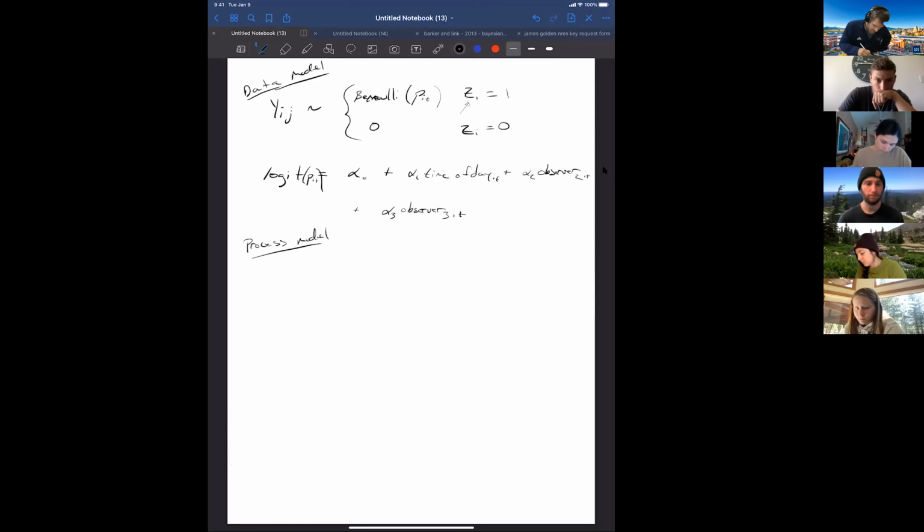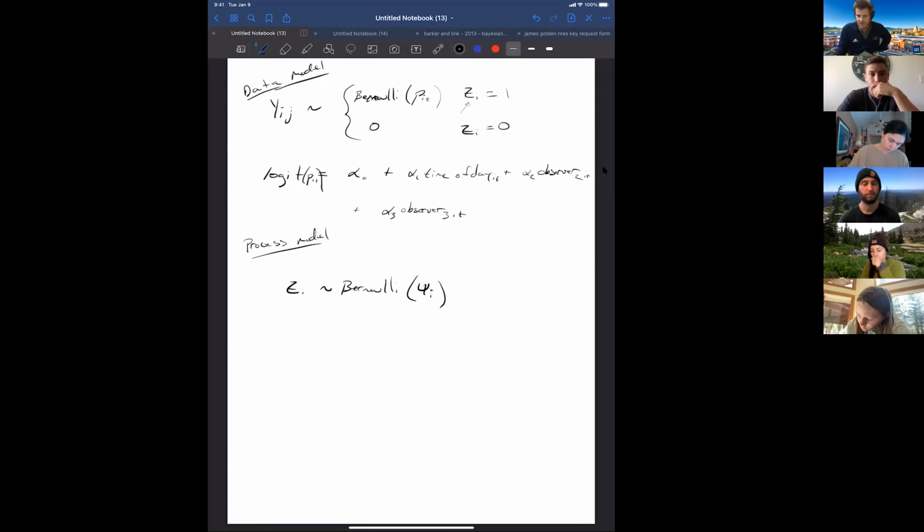So Z is a 0 or a 1 if it's truly there or not there. So with 0, 1 data, we must have a Bernoulli distribution with some probability of success, psi I. And maybe there's just one occupancy probability, regardless of what the habitat looks like, but we know that's probably not true.